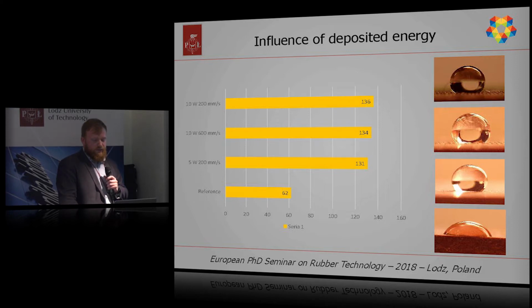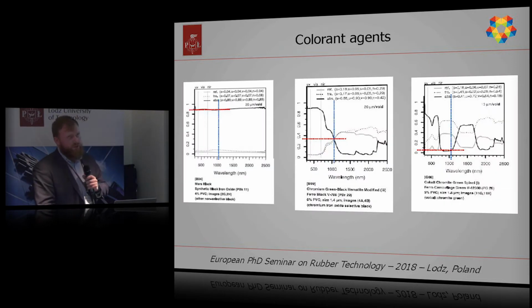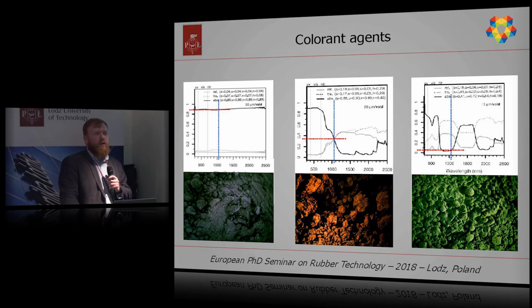Now I will say something about colorant agents. I chose 3 different colorant agents: Mars black, chromite green-black hematite, and cobalt chromite green spinel.